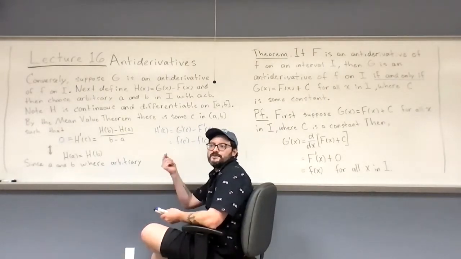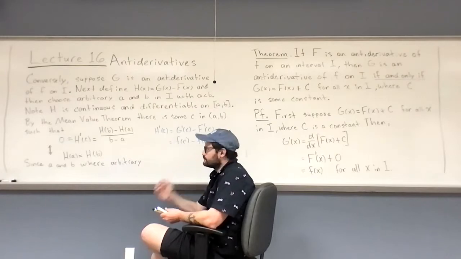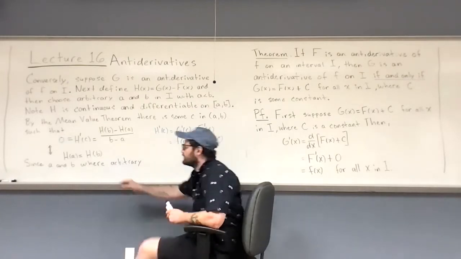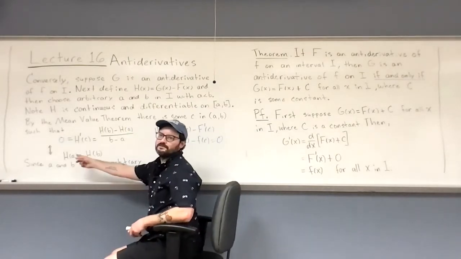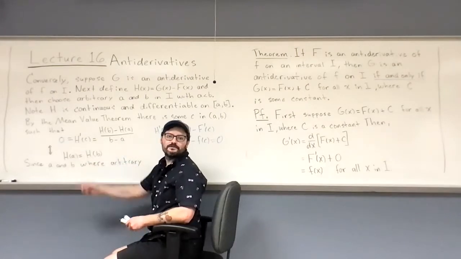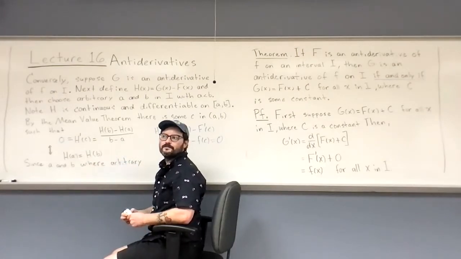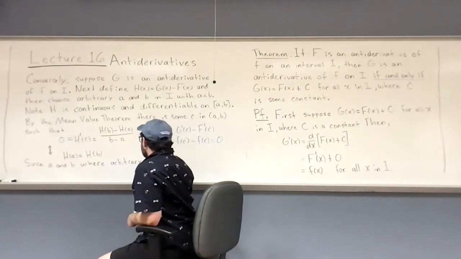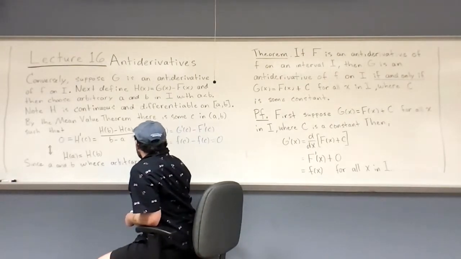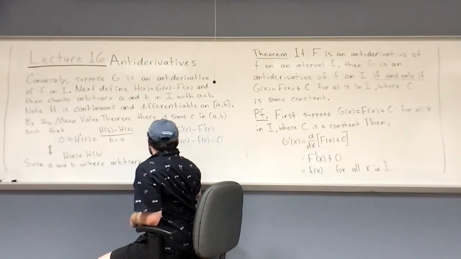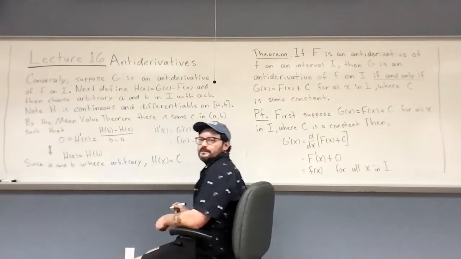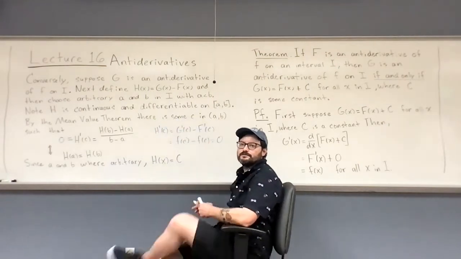So for any two numbers we pick in there, those two numbers are going to evaluate to equal each other in the function, right? We get that h of x is equal to c. h of x is a constant function, right?